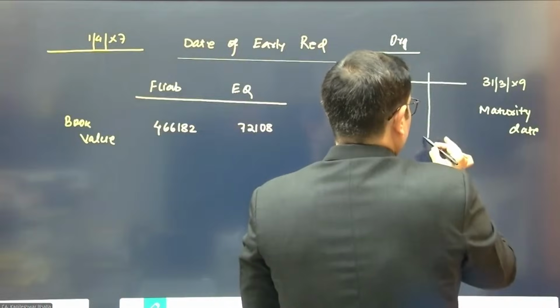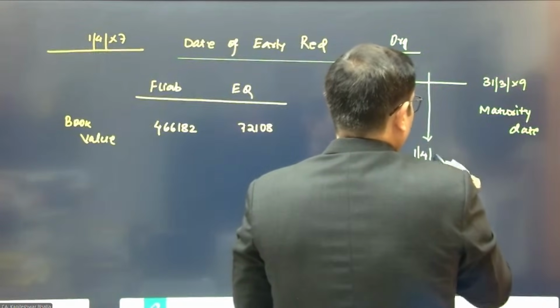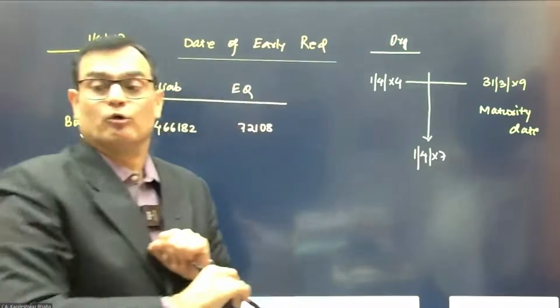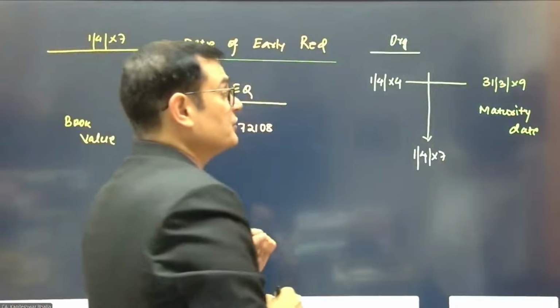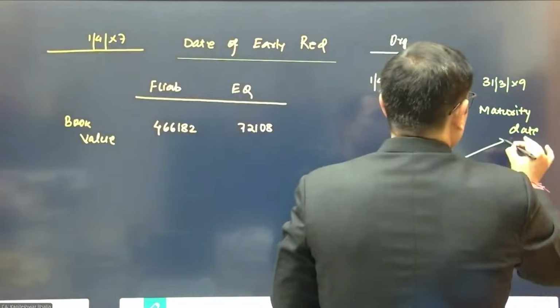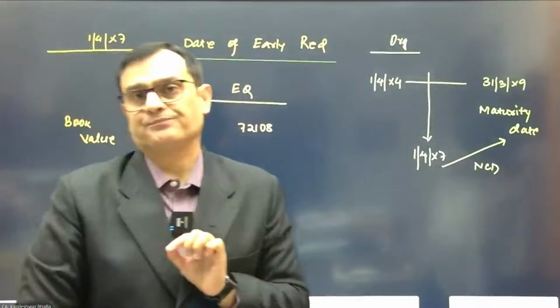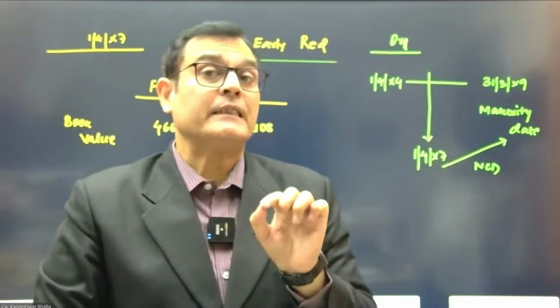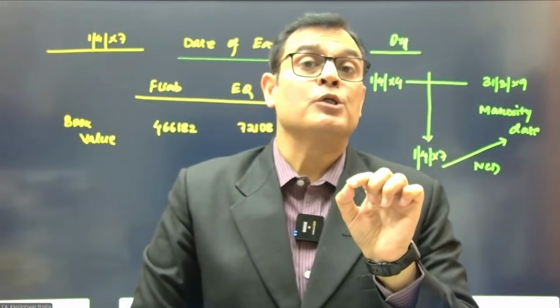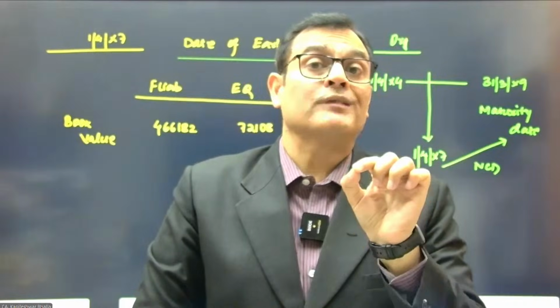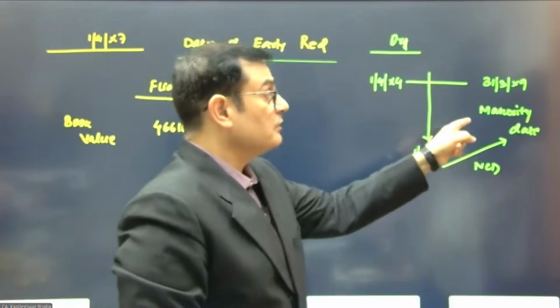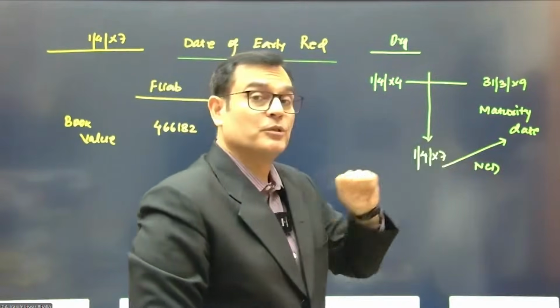We made an offer in between on 1st April X7, and we said we'll go for early redemption. Now, I need to see that if you would have issued a non-convertible debenture with the same maturity date. We need to ask the question, if you would have issued a non-convertible debt on the same date with the same maturity date, now there is another 2 years to go.